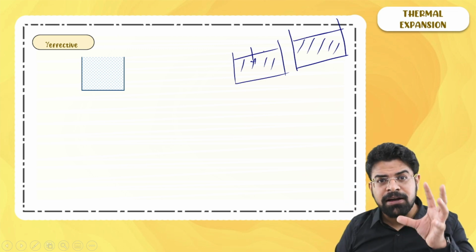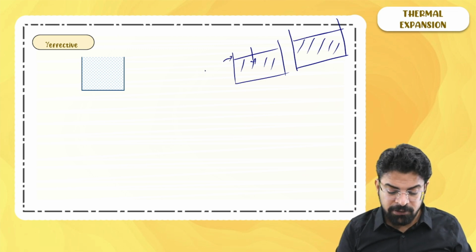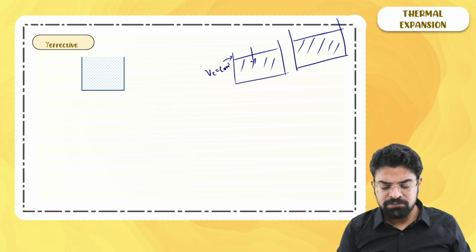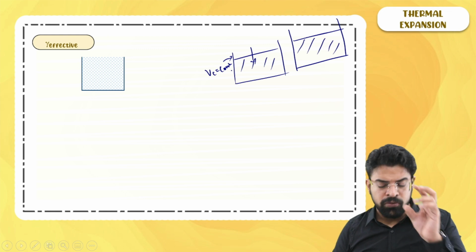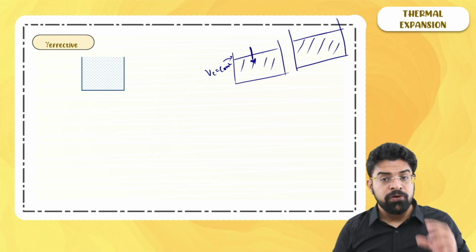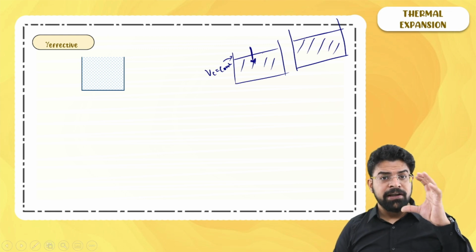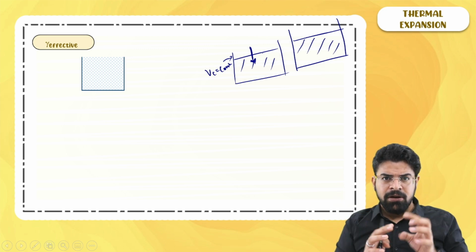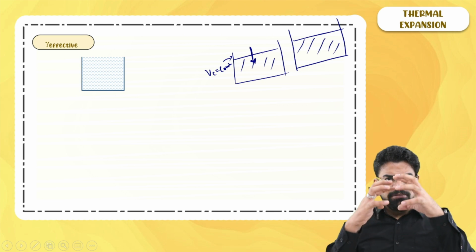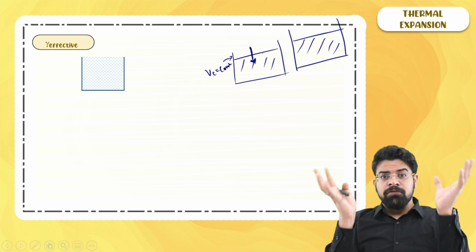Think of another extreme case. Let's say the volume of the container is not changing at all on heating or cooling, but the volume of the fluid increases and decreases on heating and cooling. Then in such a container, when you heat it, the fluid will expand and might come out of the container.